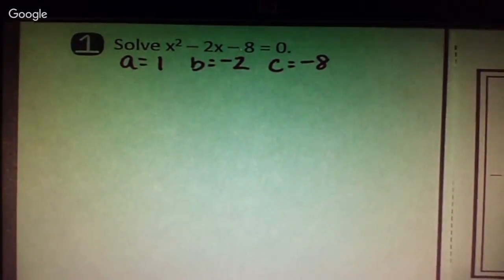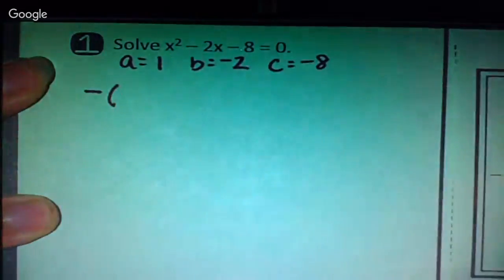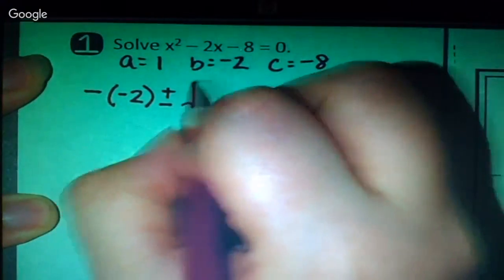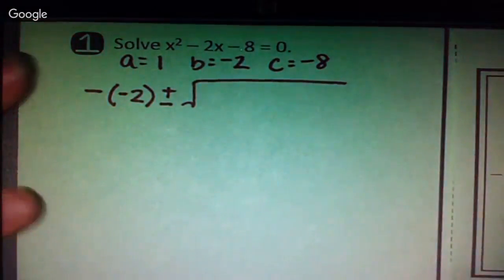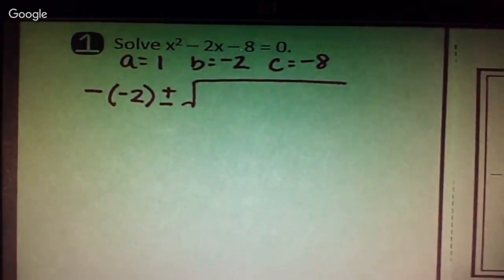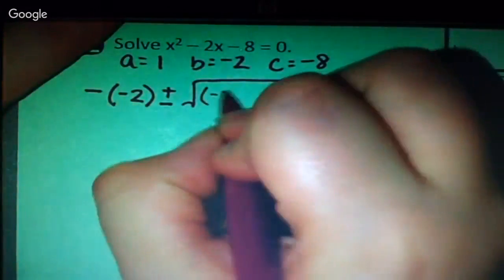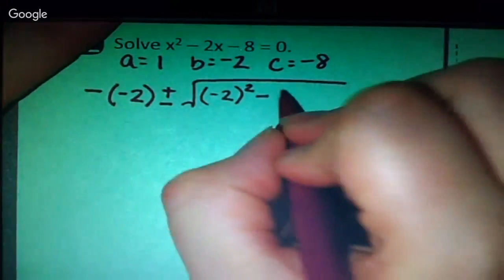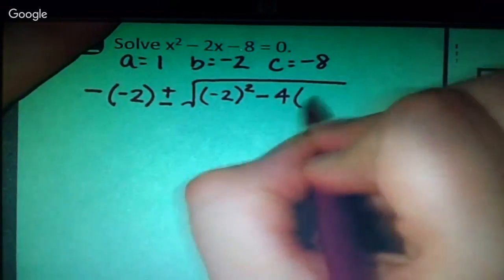So my quadratic formula is negative. What goes first? B. Okay, so we plug in a -2. Plus or minus your square root. What's the first thing that goes under square root? B squared. Okay, so we plug in -2 squared minus 4AC.